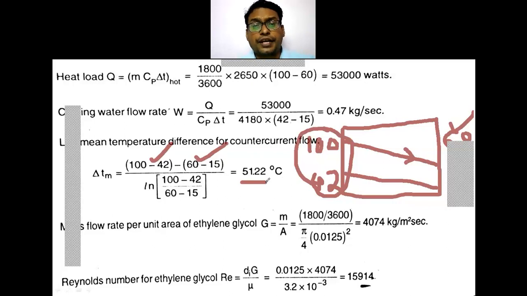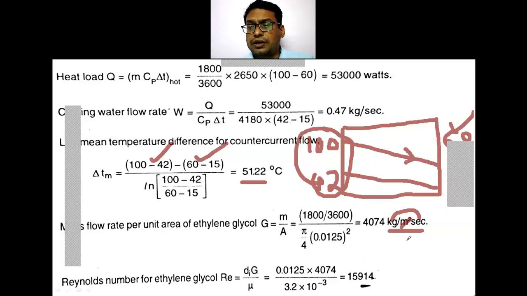Then the mass flow rate per unit area of the ethylene glycol. Mass flow rate per unit area has the units of kg per meter square second. This is the mass flow rate in kg per second per unit area.